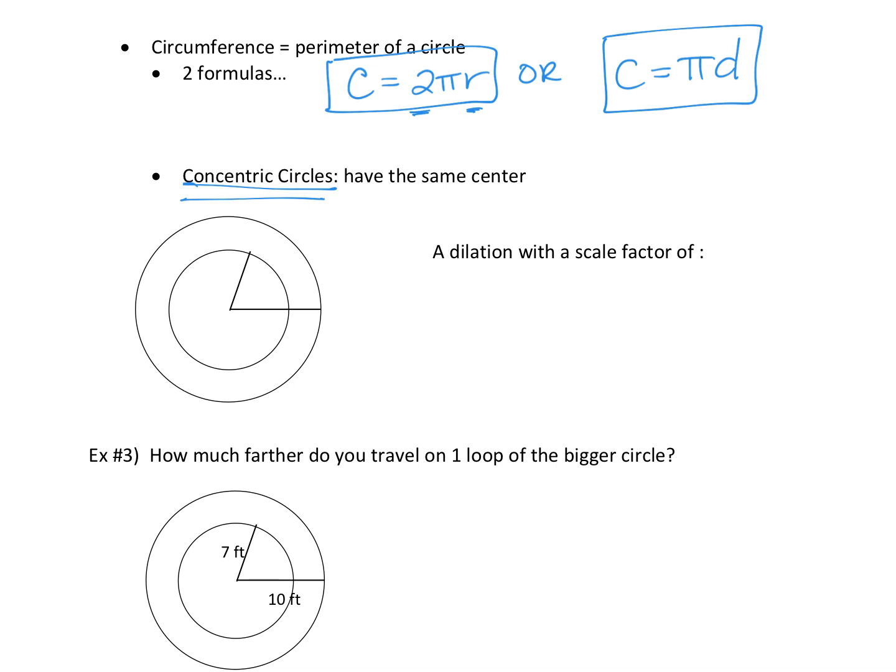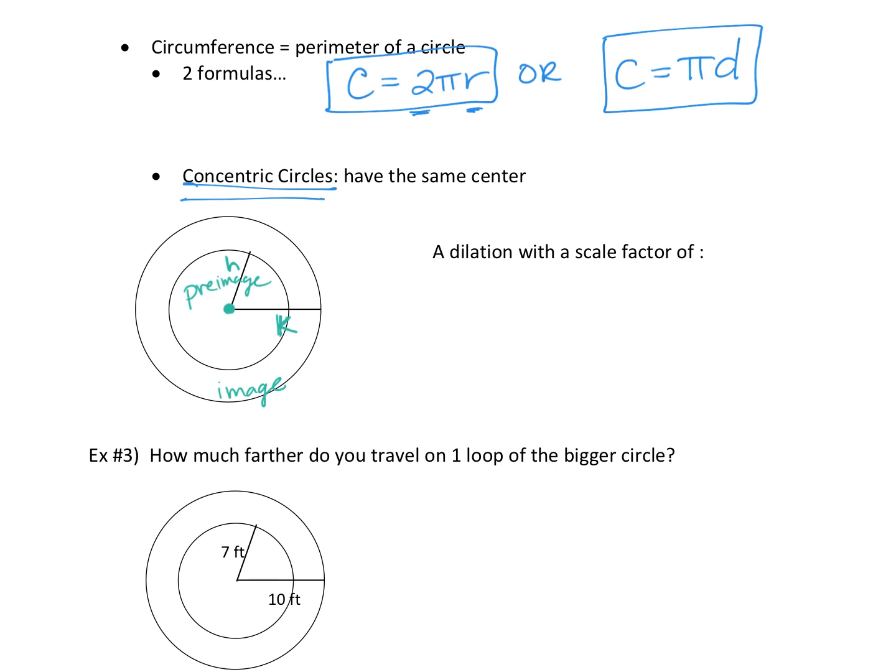And I love it. Anyway, concentric circles are just circles that have the same center. So there's your center right there. If you think back to chapter 9, we talked about dilations, right? So if I say this is my pre-image, and we'll call that length h, and the bigger circle is my image, and we'll call that length k.